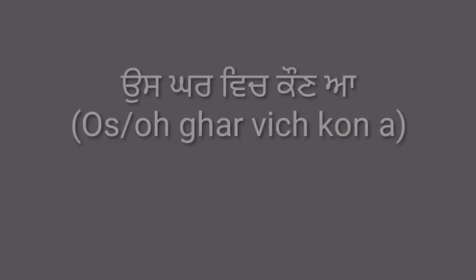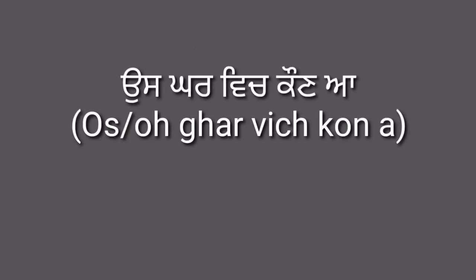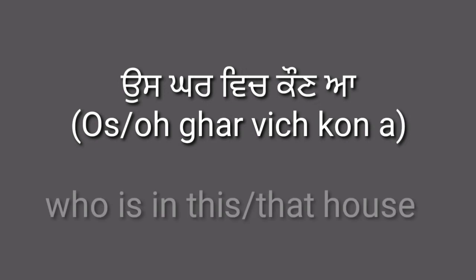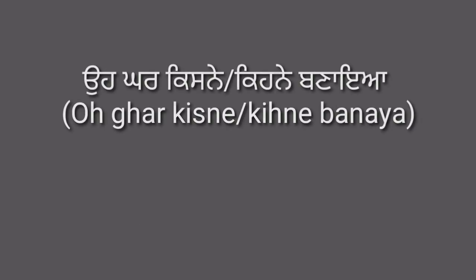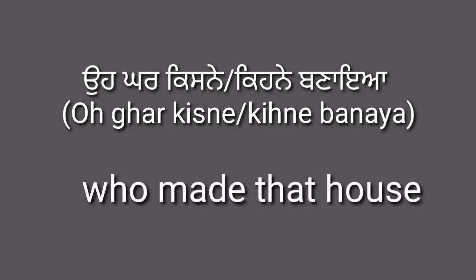For example, ਉਸ ਘਰ ਵਿੱਚ ਕੌਣ ਆ or ਉਹ ਘਰ ਵਿੱਚ ਕੌਣ ਆ, right? Who is in this house or in that house? Now we are mentioning a person, that's why we use ਕੌਣ. ਉਹ ਘਰ ਵਿੱਚ ਕੌਣ ਆ, right? But if you wanna say ਉਹ ਘਰ ਕਿਸਨੇ ਬਣਾਇਆ or ਉਹ ਘਰ ਕਿਹਨੇ ਬਣਾਇਆ, it means who made that house.